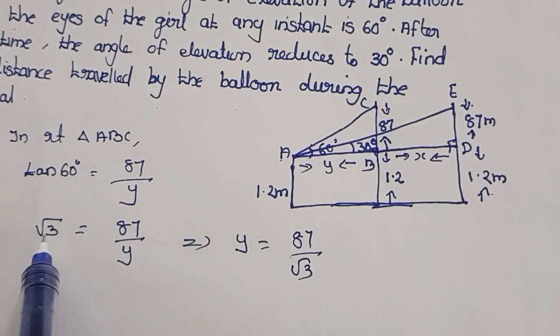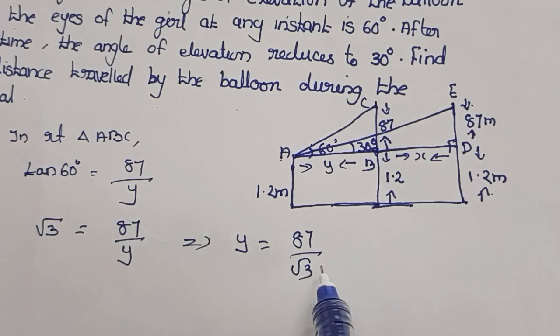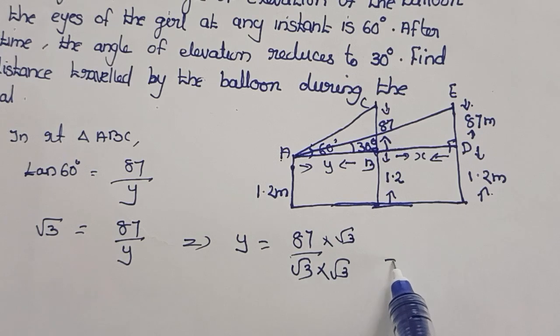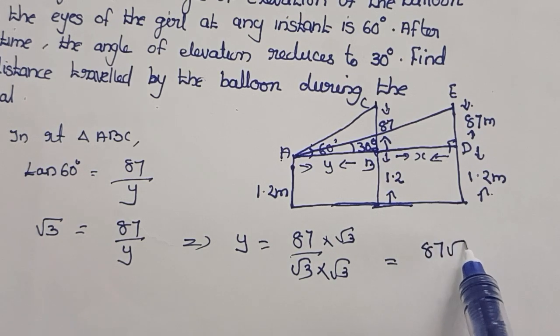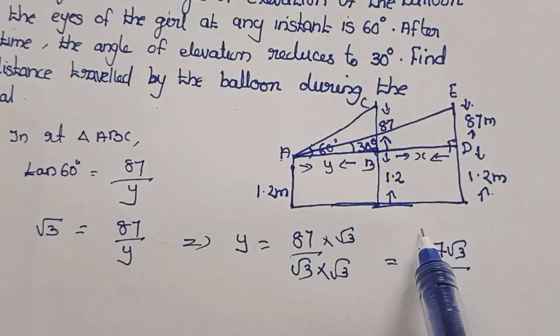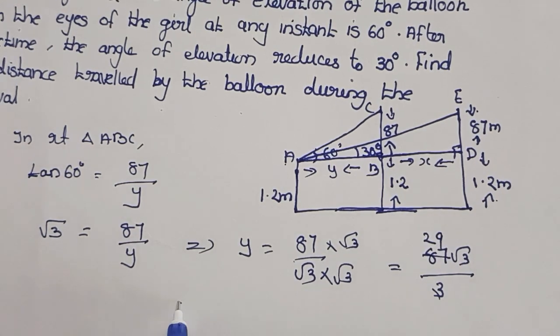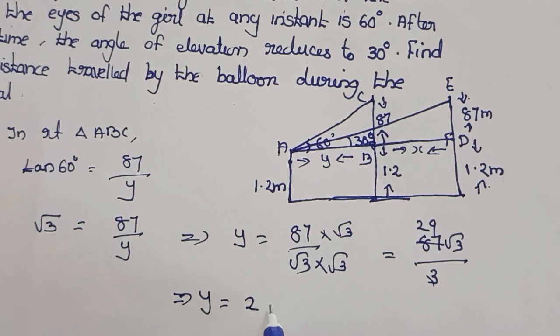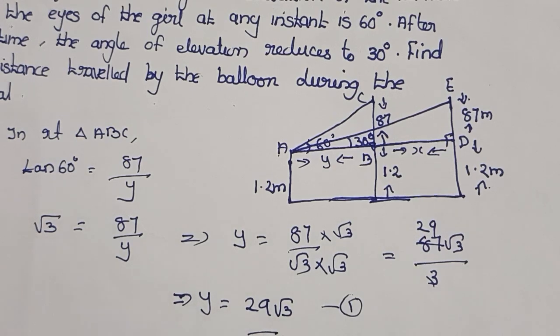Now rationalizing, multiplying by root 3, that is 87 root 3 divided by 3. Now 3 and 87 cancel, it is 29 times. So y equals 29 root 3. We can number this as equation 1.